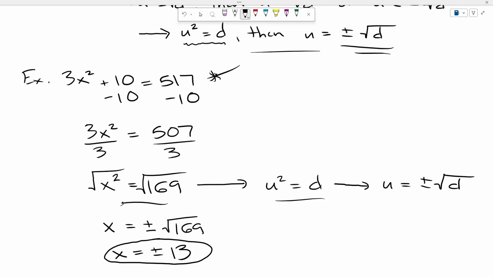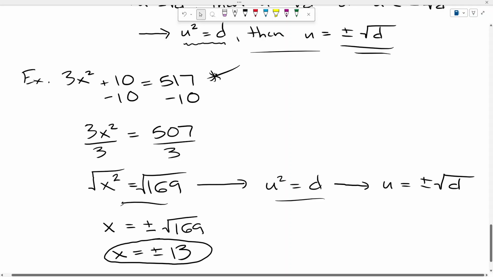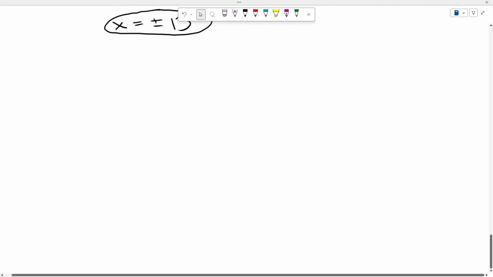And let's take a look at another one here. And again, we'll do our square root property. So we have 4 times x minus 5 squared equal to 24. All right, let's start solving it down. Let's take care of that 4 first.